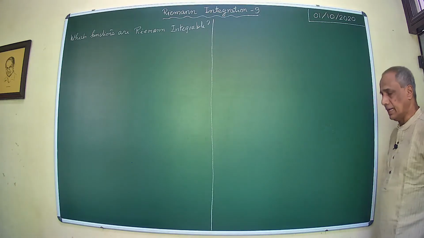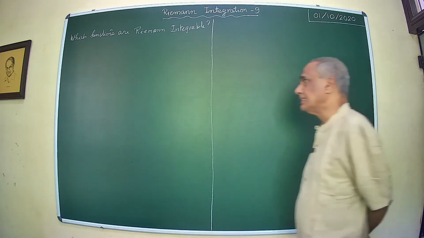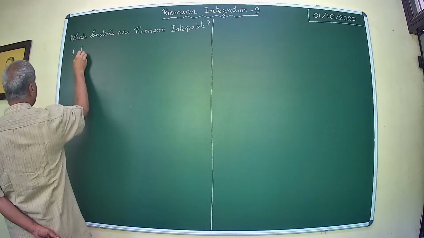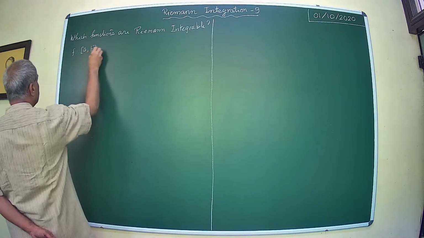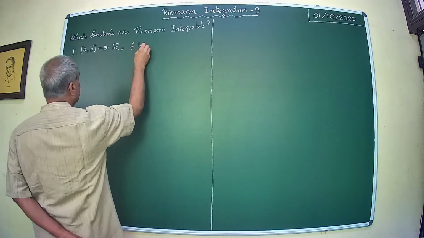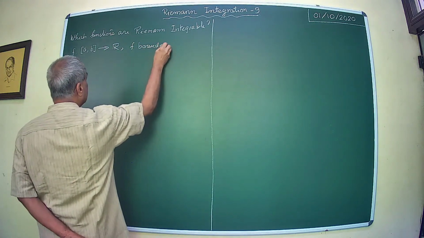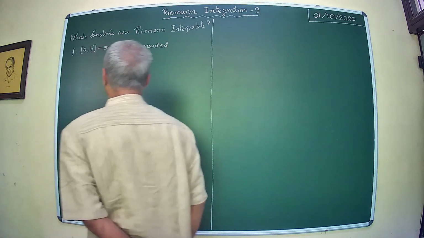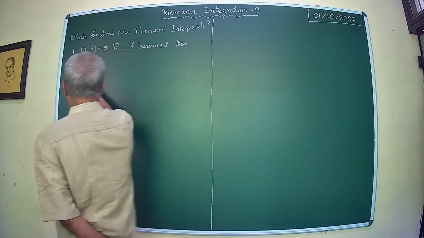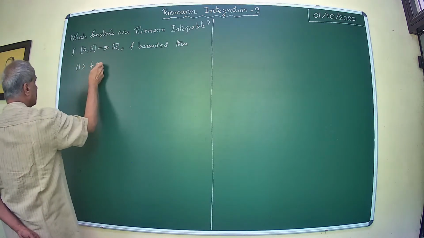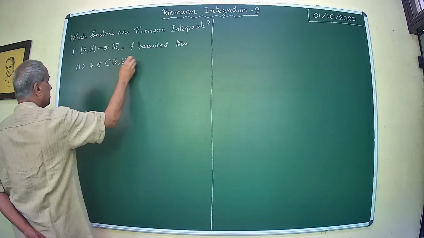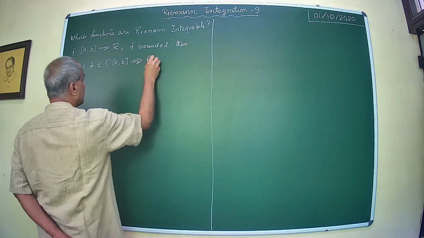We have seen that on the interval [a, b], if f is a function from [a, b] to R, f bounded, then first, if f is continuous, f is Riemann integrable.